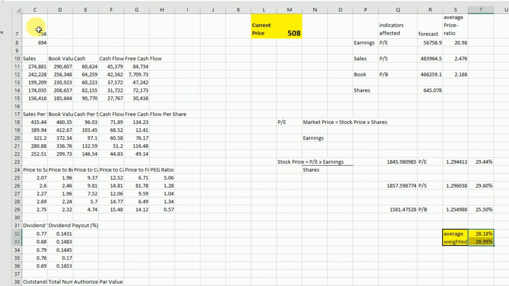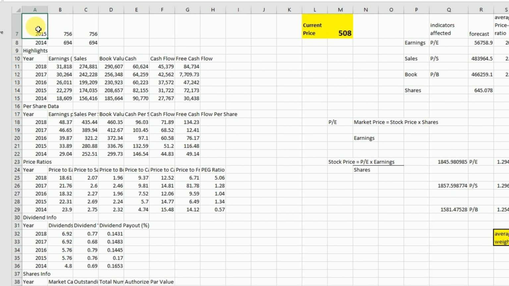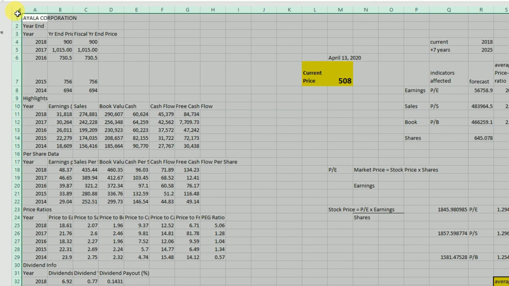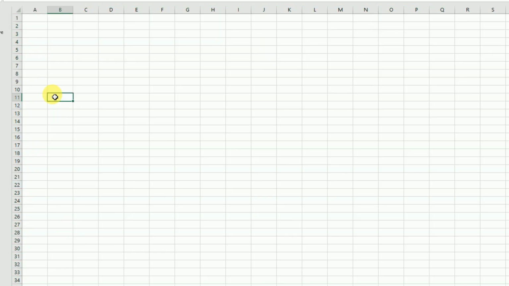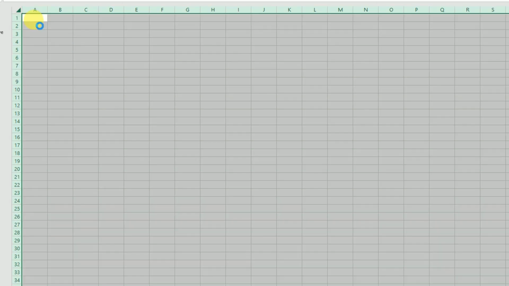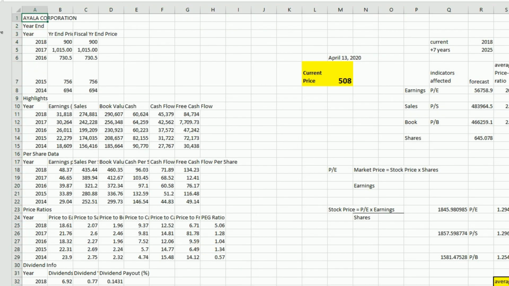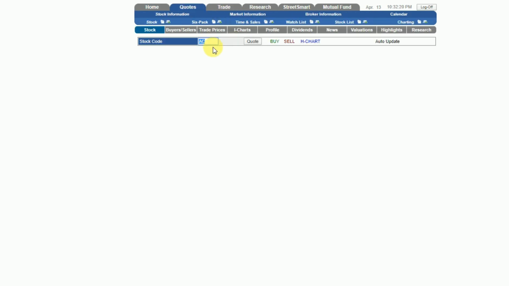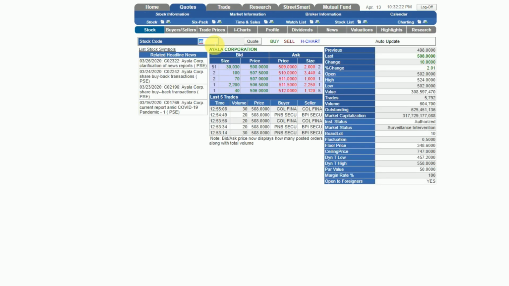Make sure that we are at A1, just to be very sure that we copy everything. So copy everything from Ayala Corp and paste it to the next, which is Ayala Land, again at the same address.